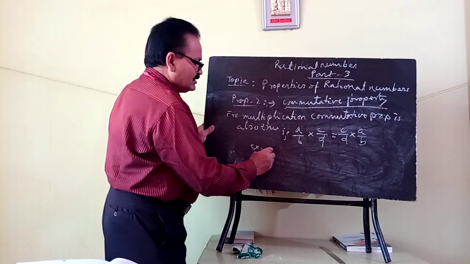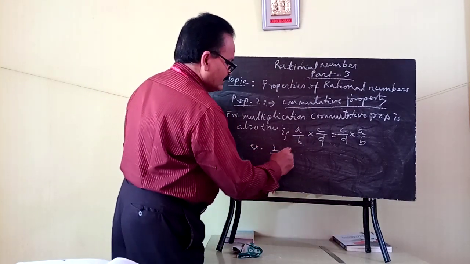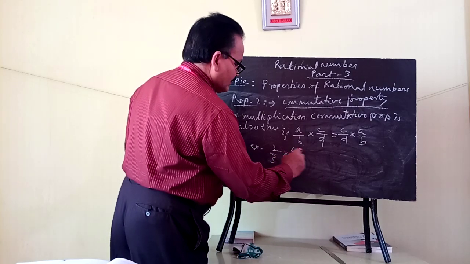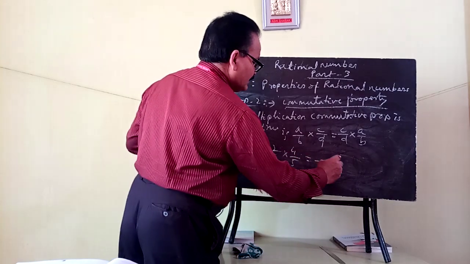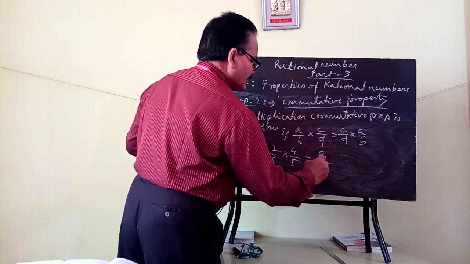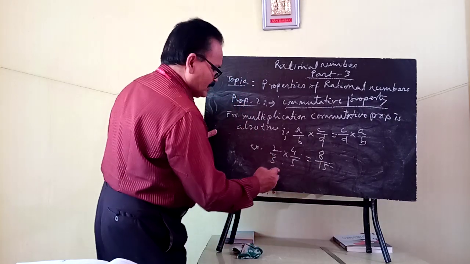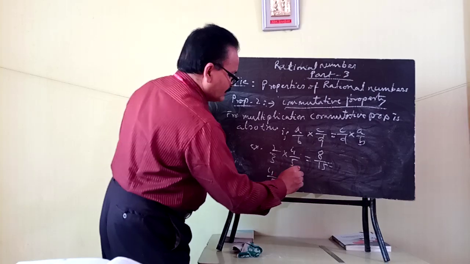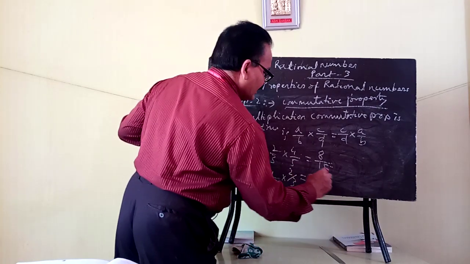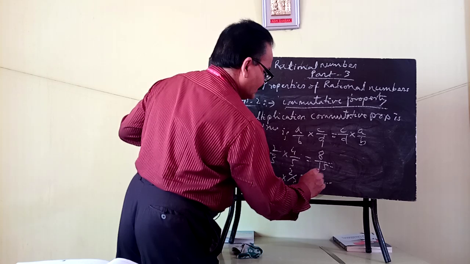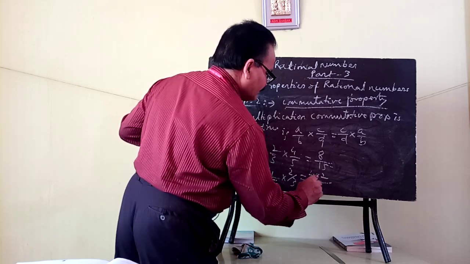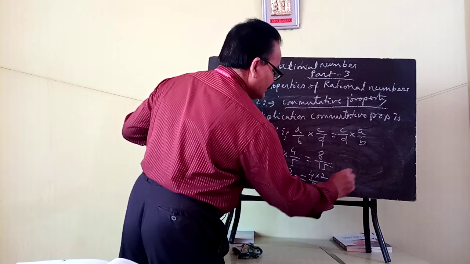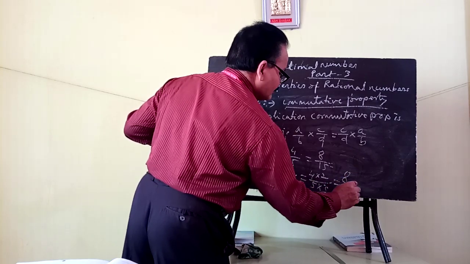Example, say 2 by 3 into 4 by 5. What will happen? The final result is your 8 by 15. But if you will multiply 4 by 5 into 2 by 3, again it will have 4 into 2 and 5 into 3, the same 8 by 15 answer you will get.